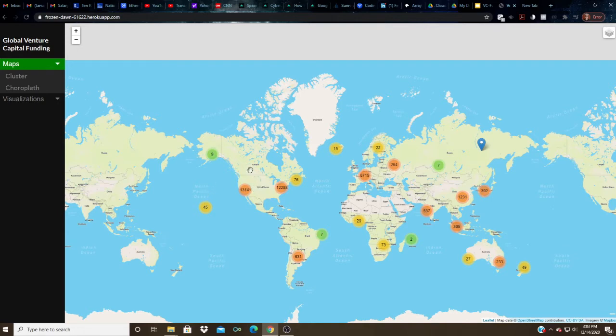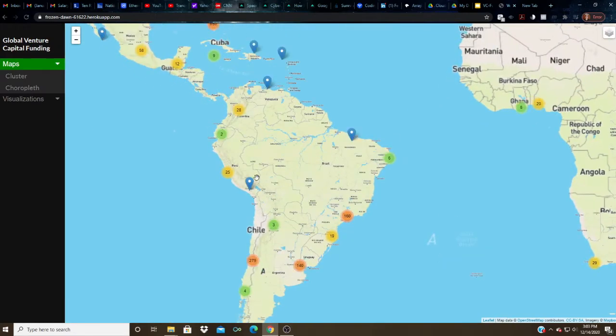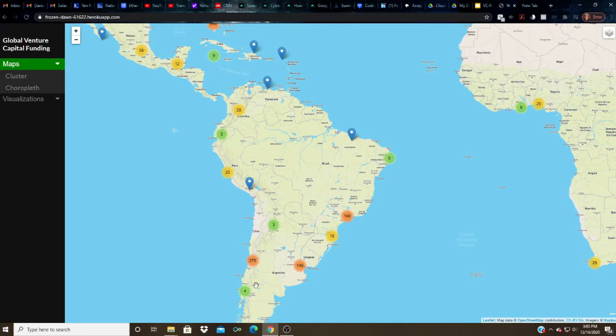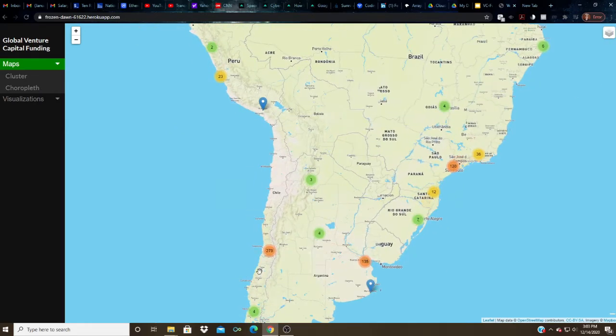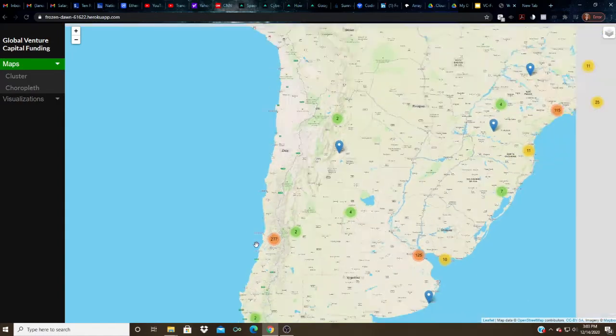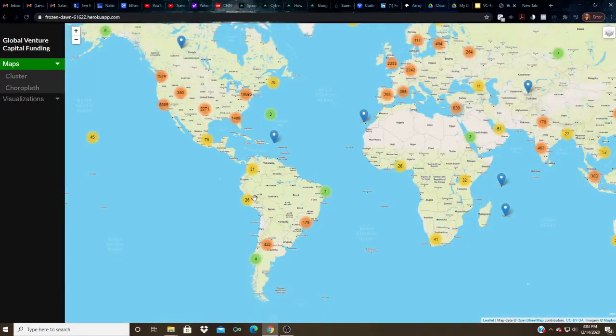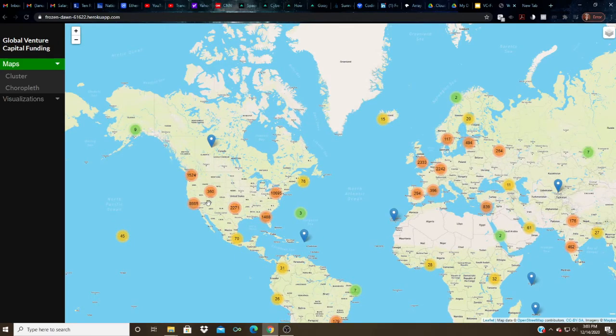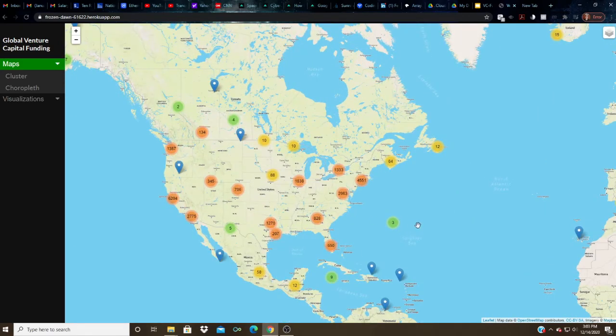And then you can see, oh, this is Alaska. Oh, this is Hawaii. This is most of South America. If you zoom in, it's mostly, not as many maybe in Brazil as compared to Chile, whatever. Anyway, you can look at that on your own.